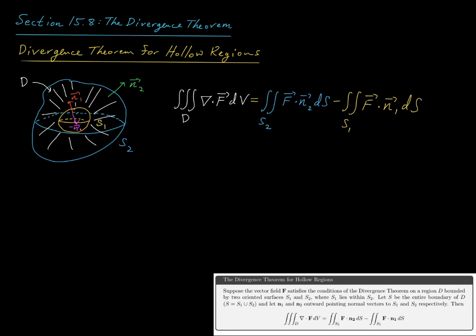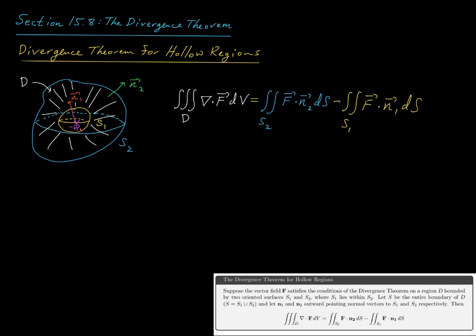We're going to let N1 be the outward pointing unit normal vector along the surface S1, and N2 will be the outward pointing unit normal vector along the surface S2. What the divergence theorem for hollow regions says is that the total flux of a vector field F throughout the solid region D is equal to the outward flux through the outer surface S2 minus the outward flux through the inner surface S1, or put another way, plus the inward flux through the inner surface S1.